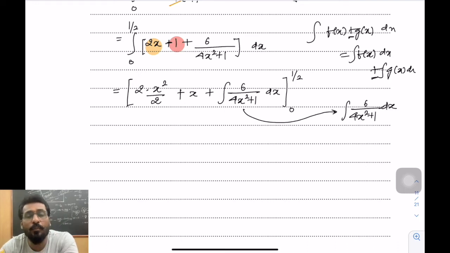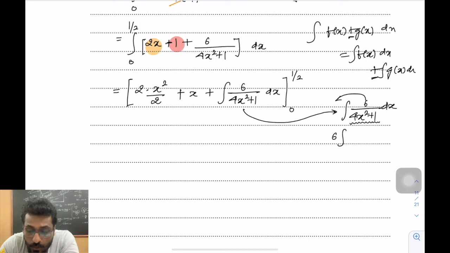Students who are very smart need not be doing all this stuff. You can do it directly into the main body of the solution itself. So 6 is a constant, which goes outside the integration. Also, from the two terms that I have in the denominator, I want to bring the 4 common. Even if the second term does not have a 4, you still bring the 4 common.